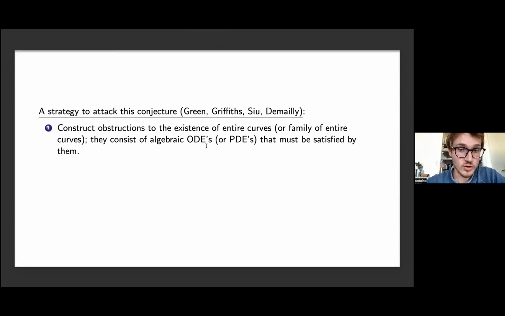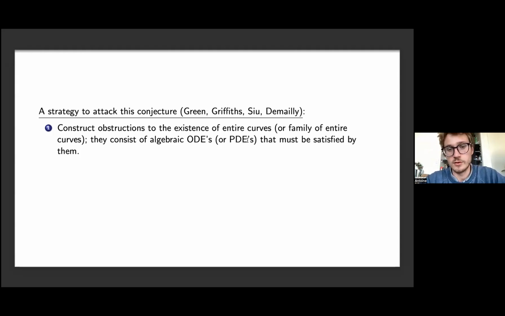And here, these obstructions are algebraic ODEs in the case of entire curves, or PDEs in the case of families of entire curves. And so this obstruction is that one finds a lot of ODEs or PDEs that must be satisfied by every entire curve on the manifold. So this is the first step, and we will describe it more precisely right afterwards.